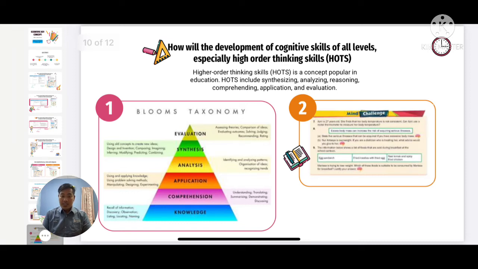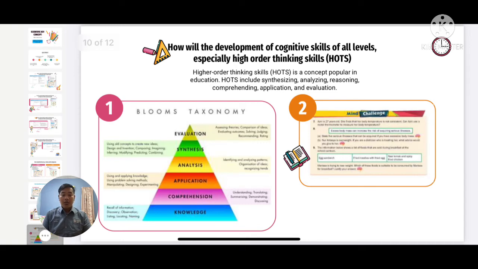Higher order thinking skills help students use metacognition when they read. Besides that, higher order thinking skills is a good concept that is popular in all education levels.